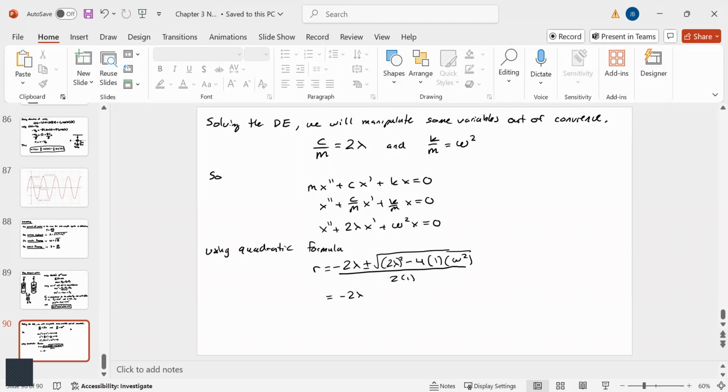And we get negative 2 lambda plus or minus the square root of 4 lambda squared minus 4 omega squared, all over 2, right?